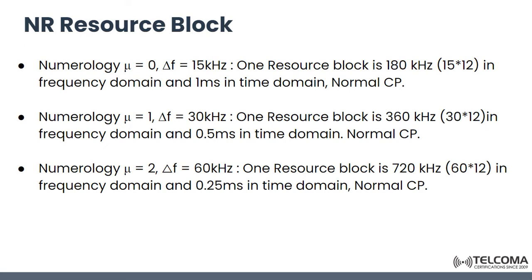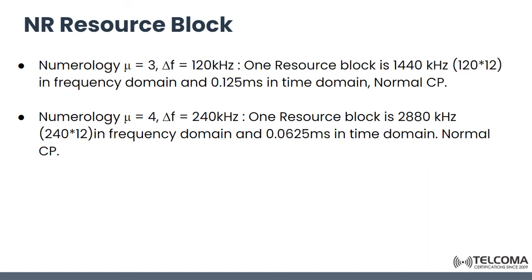For numerology 0, 15 kHz, one resource block is 180 kHz in the frequency domain and 1 millisecond in the time domain if we use the normal cyclic prefix. With numerology 1, 30 kHz, one resource block is 360 kHz in the frequency domain and 0.0625 millisecond in the time domain.